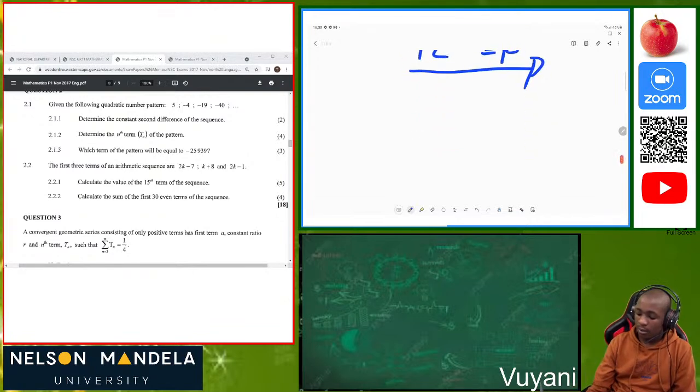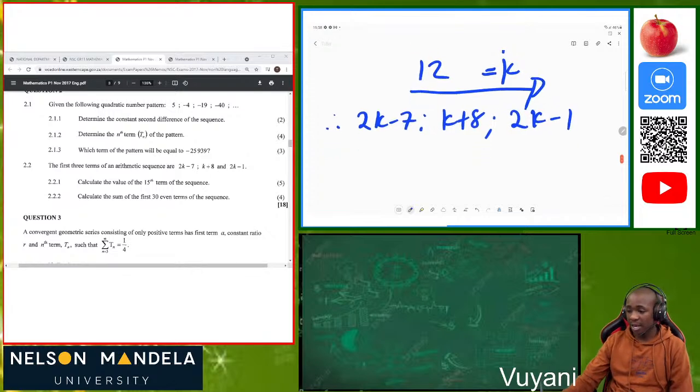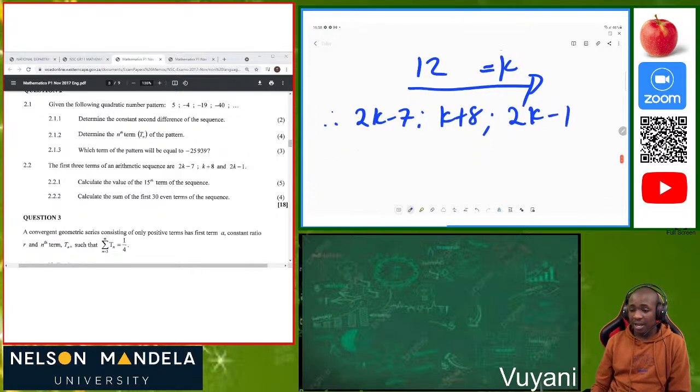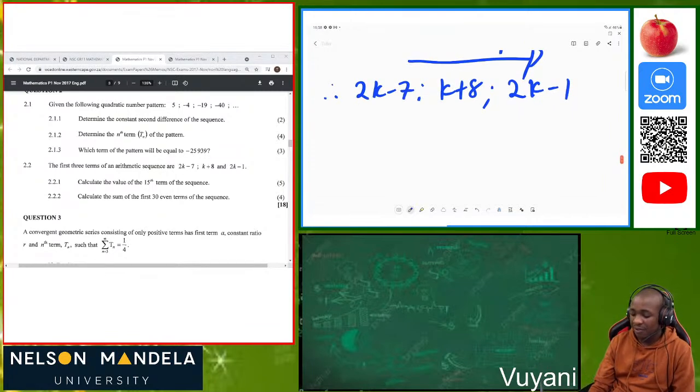Now, let's have our sequence. We were given 2k minus 7, k plus 8, and 2k minus 1. Now we already know the value of k. Since our value of k is 12, we substitute here so that we only have values and remove the algebraic letters.